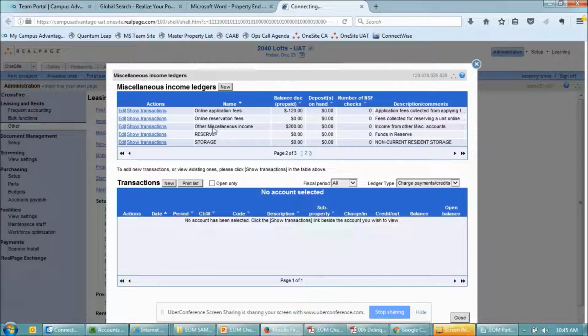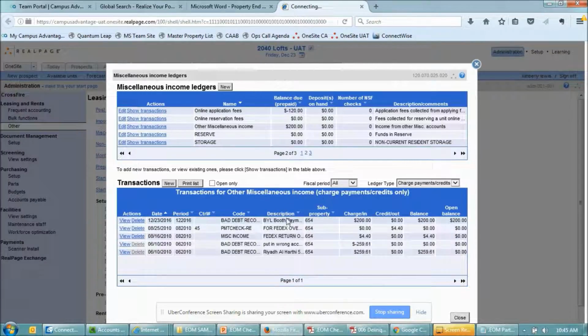Don't even touch it. But for anything non-online, you can click show transactions, and essentially every transaction that goes in here has to have a partner. Each payment has to have a charge code, and each charge code has to have a payment. The way you can identify who is causing this $200 balance is our magical open only checkbox.